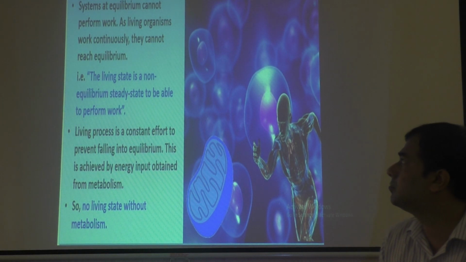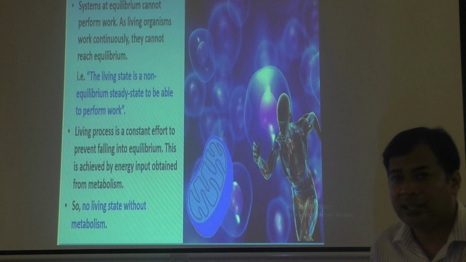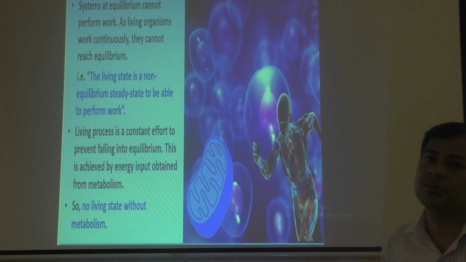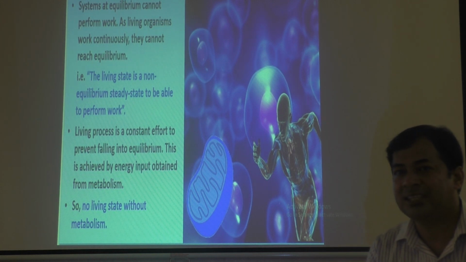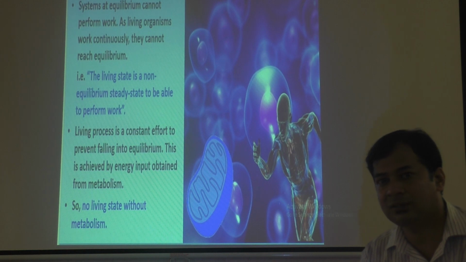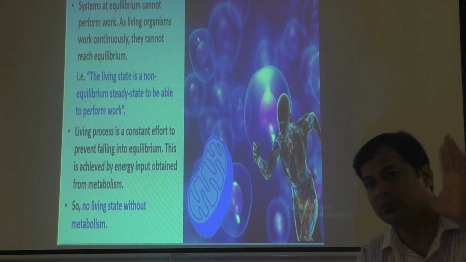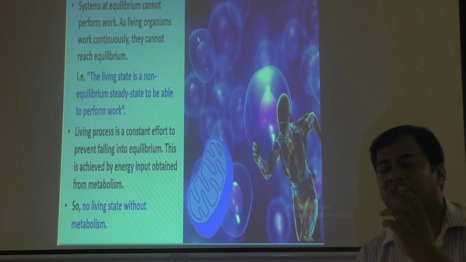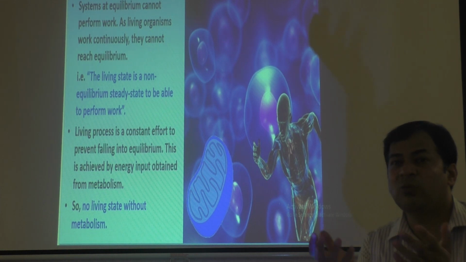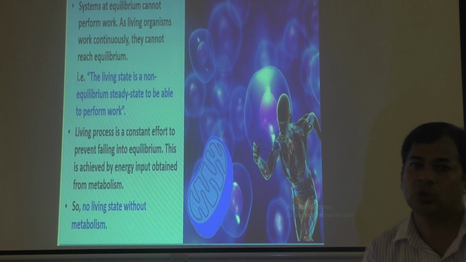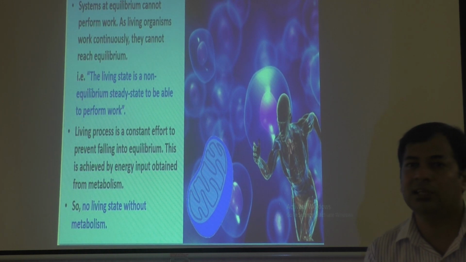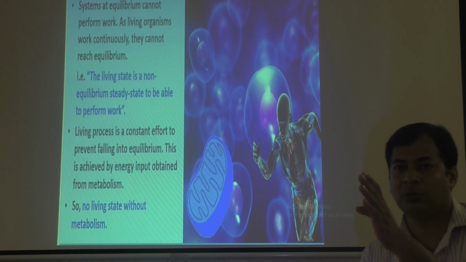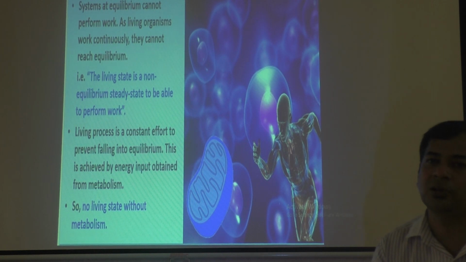So saturation, or reaching 100% concentration, is not possible because we continuously work. When we continuously work, we will require these metabolites. So no biomolecule will remain permanent there; one biomolecule will change to another biomolecule.